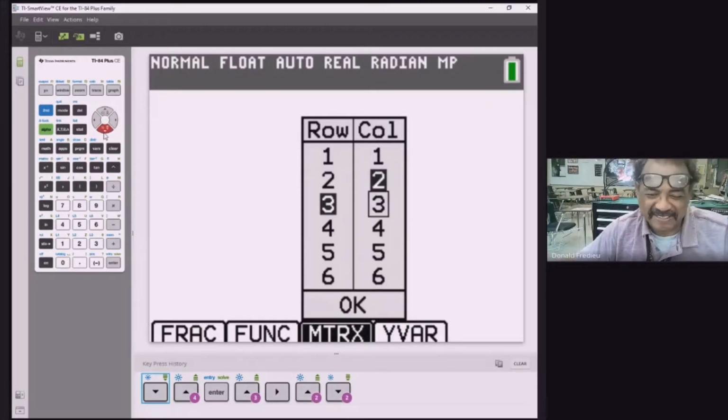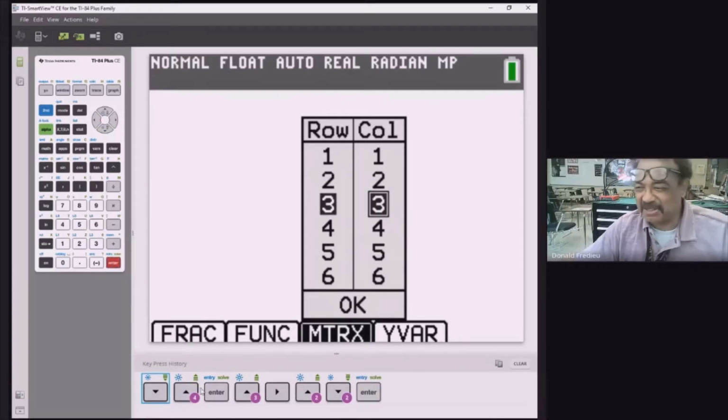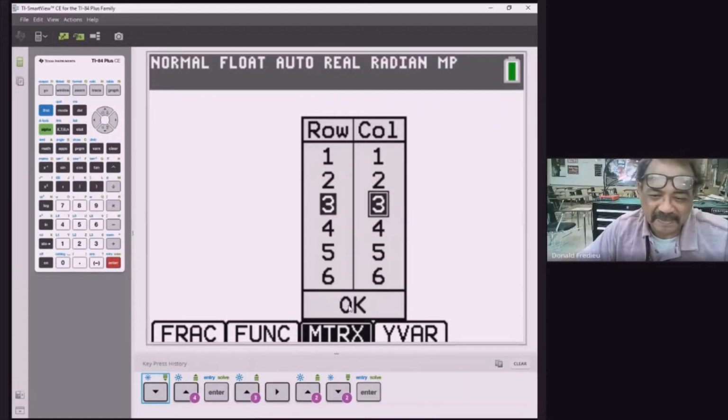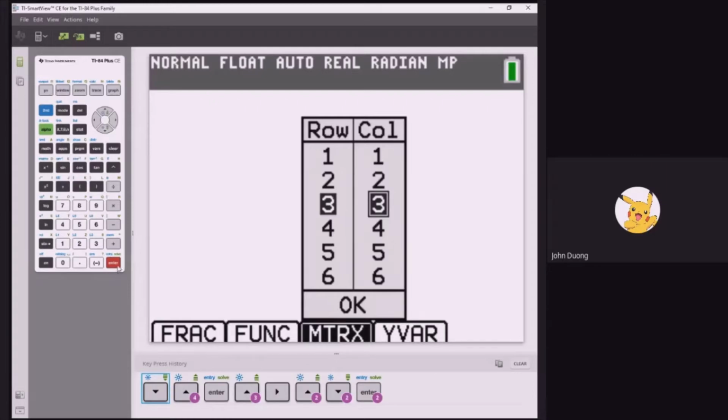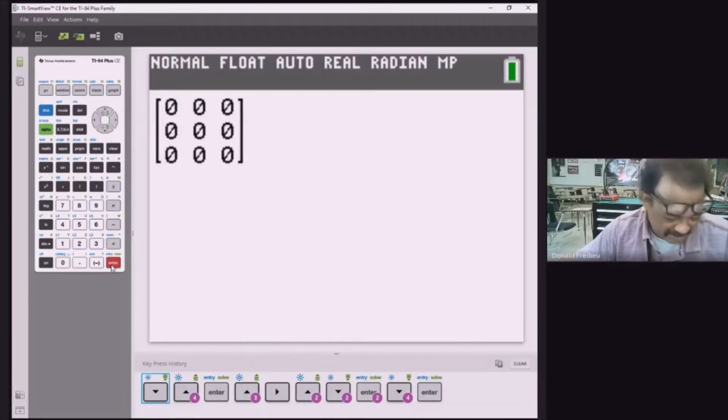Now I got to go down. Okay, John. So this is a 3 by 3. So I'm going to click OK. Now, how do I click the OK, John? Hit the enter button. Go back down and then you have to hover OK. And now enter. Okay, guys, you see who we have to talk to when we get someone like this.